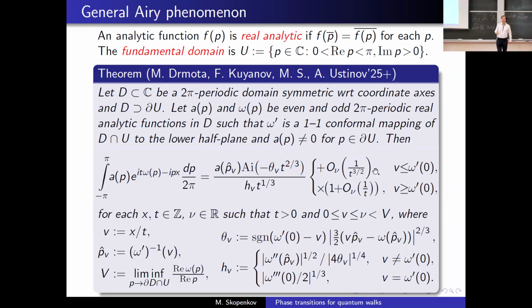And in many known computations of this kind, getting this kind of bounds is related to numerous assumptions throughout the argument. Magically, in our theorem, all these assumptions are replaced by just one condition, that omega prime is a one-to-one conformal mapping to the lower half plane.